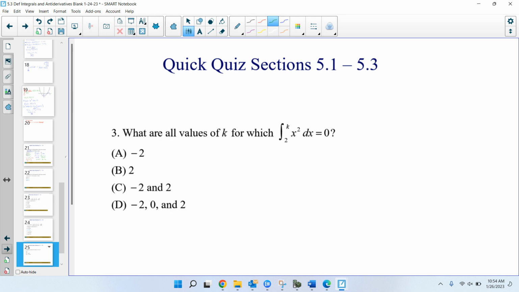All right, so we got x squared from 2 to k in the area of the 0. Who thinks A? Letter A. Who thinks B? Who thinks C? D.